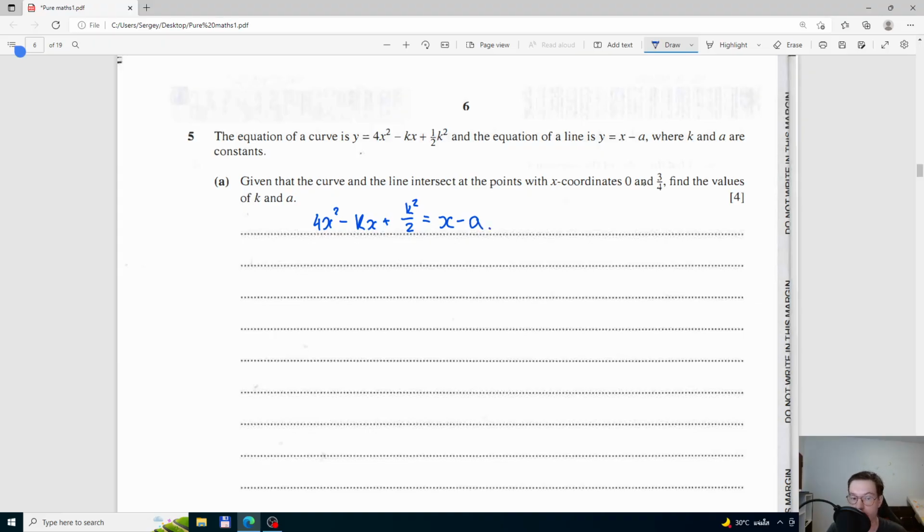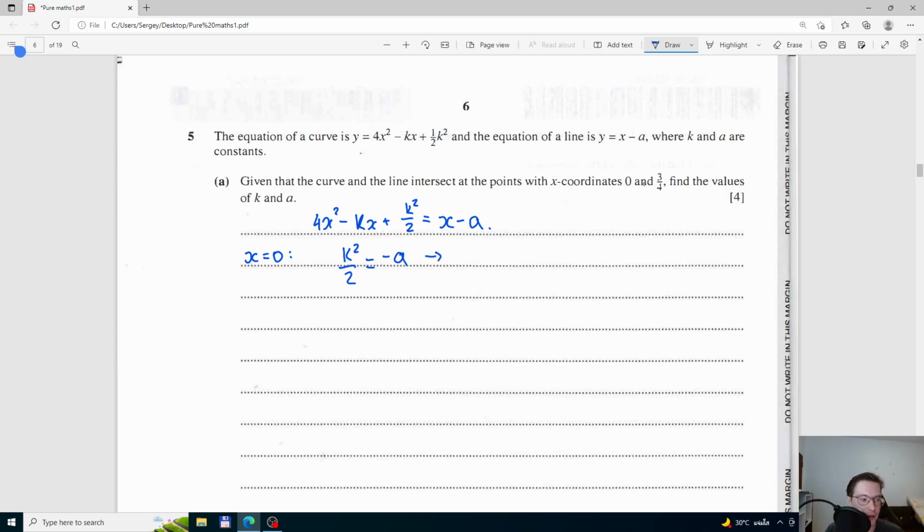Okay, now I know that this should be true for x equals 0. And I will substitute 0 into this equation. That gives me k squared over 2 equals 0 minus a, which is minus a.